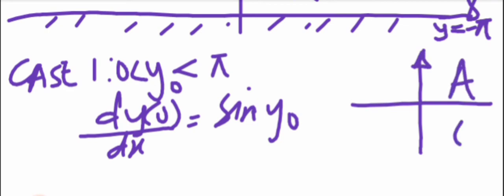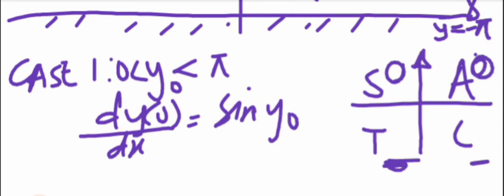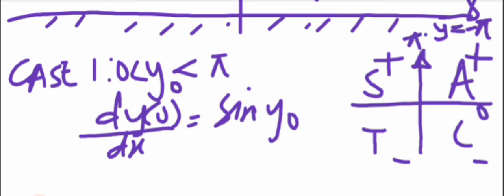A C T S. So we know that sine is positive here and here, negative here and here. So let's see that, positive here, negative here, negative here. What is this? This is 0. This is pi over 2.